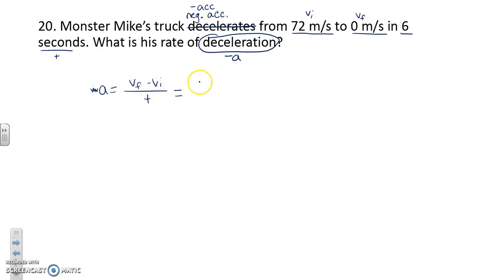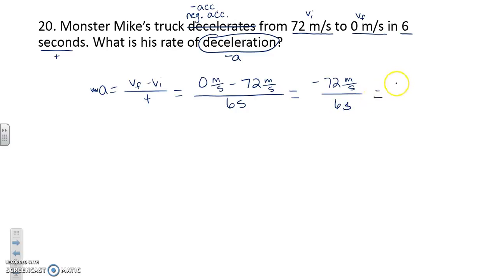Our VF is 0 meters per second. Our VI is 72 meters per second, and we divide that by our time, which is 6 seconds. 0 minus 72 is a negative 72 meters per second. We divide that by 6 seconds, and 72 divided by 6 would be a negative 12 meters per second squared. So he's slowing down at 12 meters per second squared.